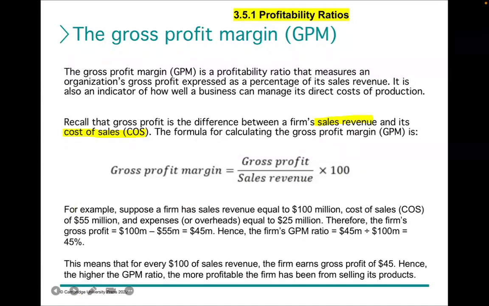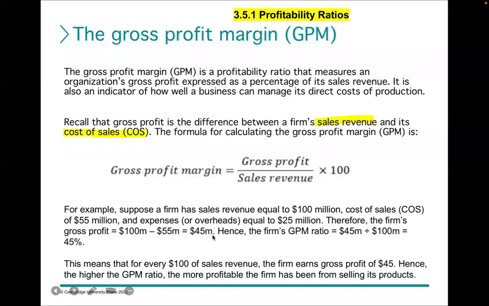So we'll use an example here, which is a firm has a sales revenue of $100 million. The cost of sales is 55, and the expenses is 25. Therefore, a firm's gross profit is 100 minus 55. 25 is not included because it's expenses. We're just looking at the gross profit.